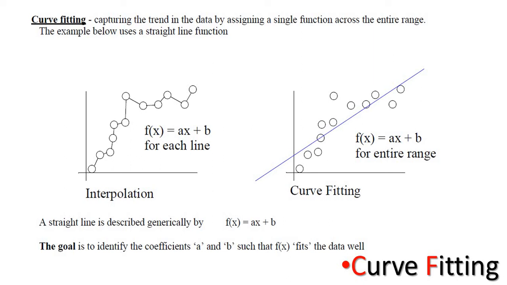For starting, we will look at a straight line. Use a straight line function f(x) = ax + b for the entire range. The goal is to identify the coefficients a and b such that f(x) fits the data well throughout the range. This is only a sample of data, so we will look further after this.